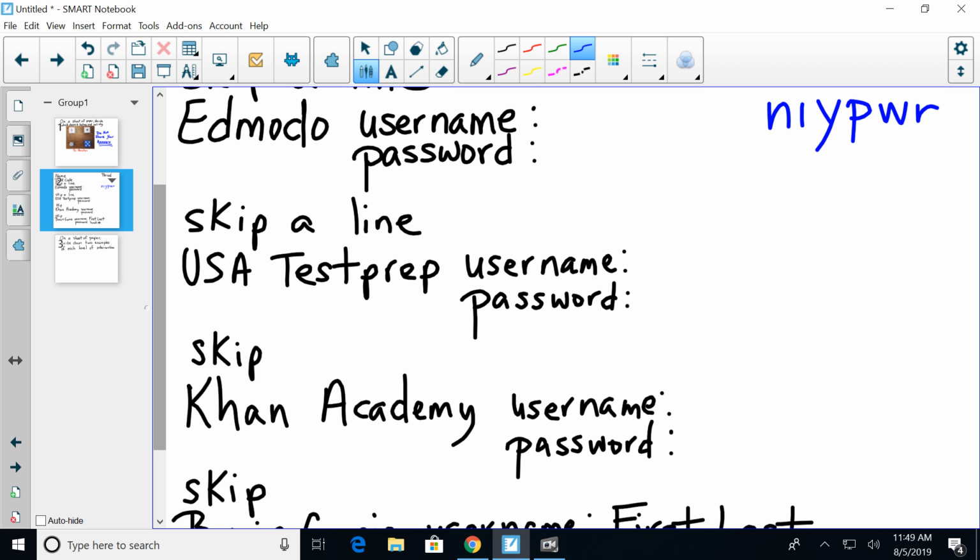After writing USA Test Prep, username and password, you'll skip a line and then write Khan Academy, username and password.